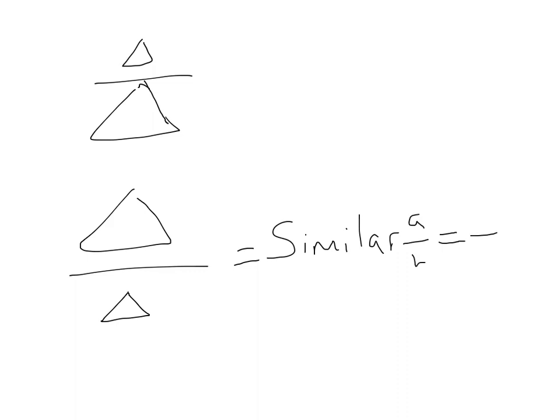If A matches with B and C matches with D, and that's the same ratio all the way across the board, then those triangles, or any shape for that matter, are similar. They must have the same angles or congruent angles, but the ratios of their sides, the corresponding sides, must be equivalent.